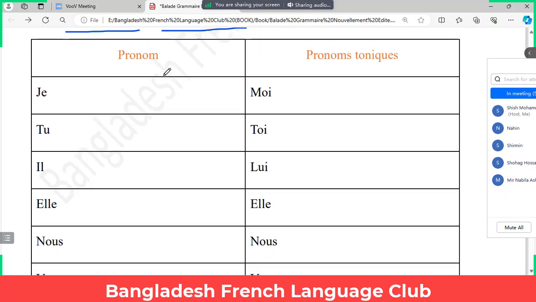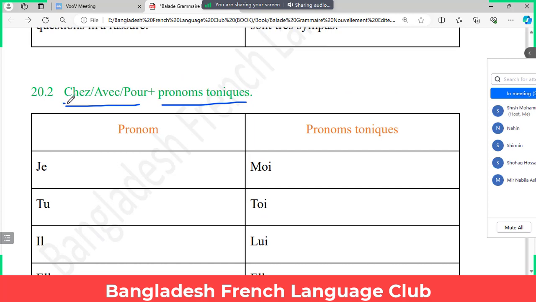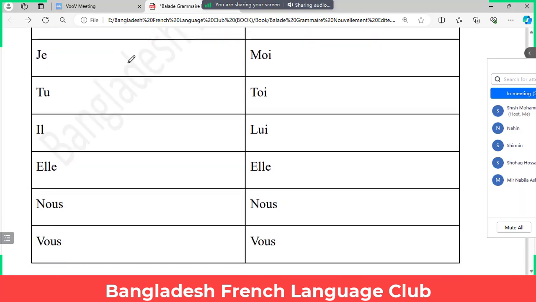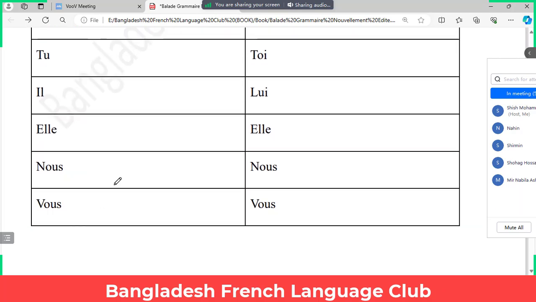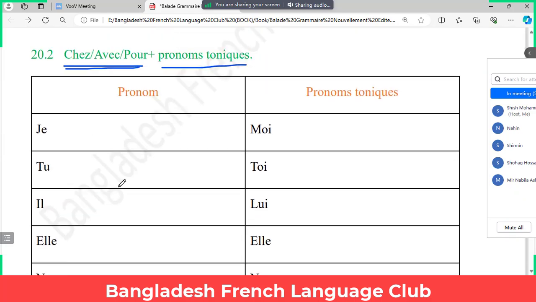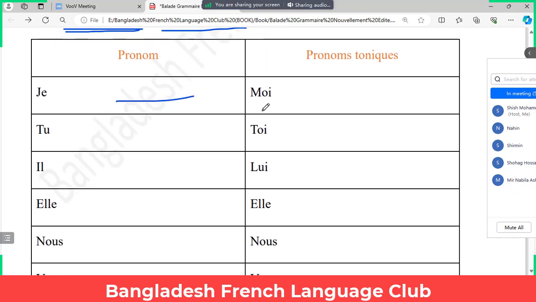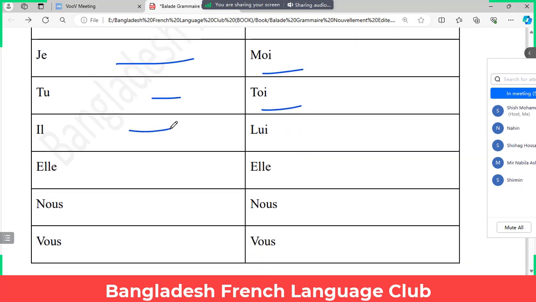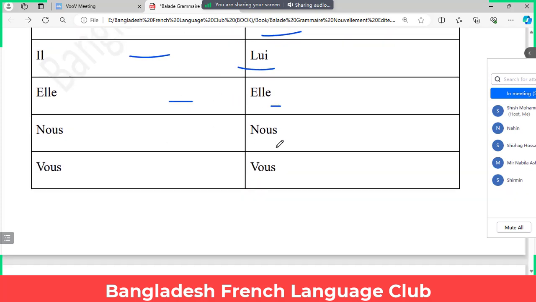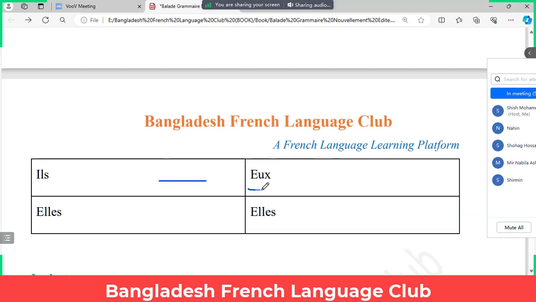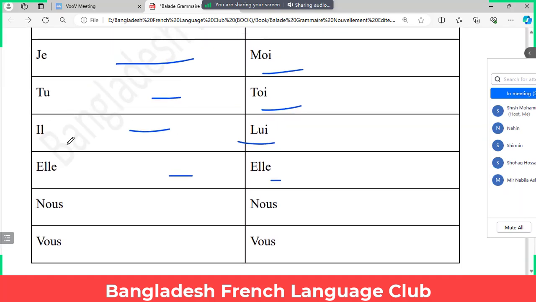So after chez, avec, pour, these prepositions, we need to use the tonic form, for je, tu, il, elle, nous, vous, ils, elles. The tonic forms: for je it is moi, for tu it is toi, for il it is lui, elle is elle, nous and vous no change, ils becomes eux, and elles is elles. So in three places we see a change.